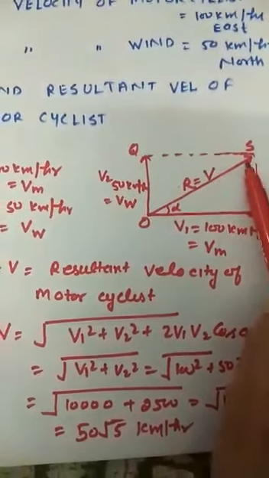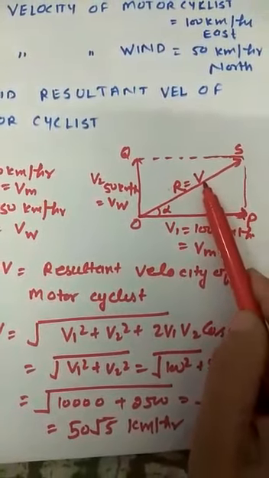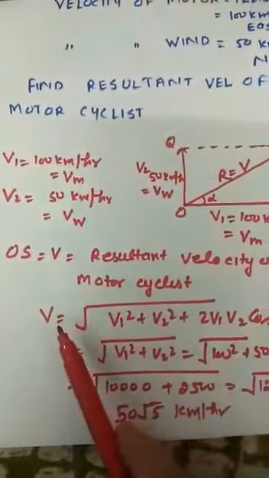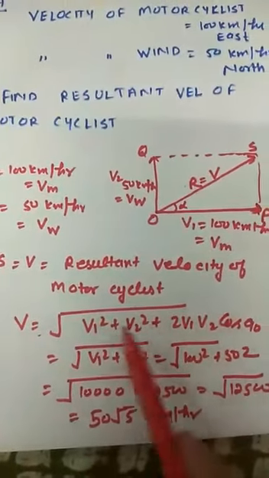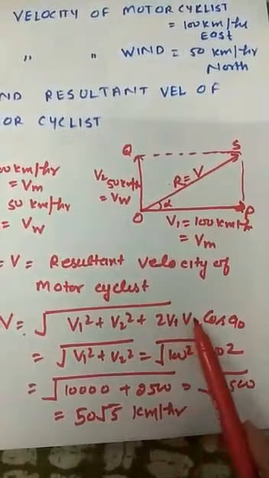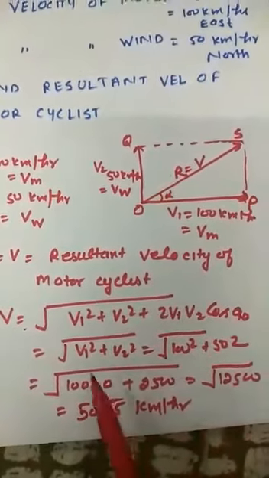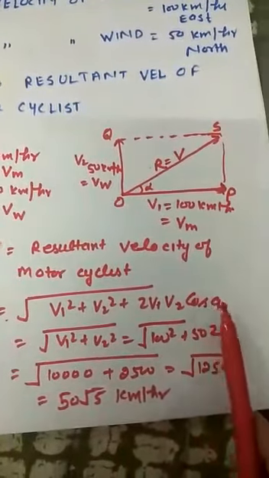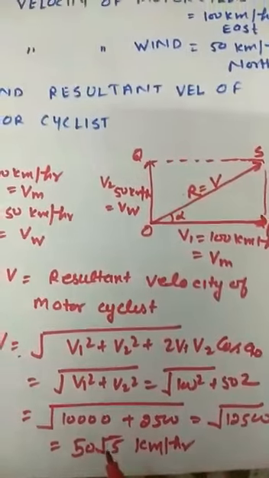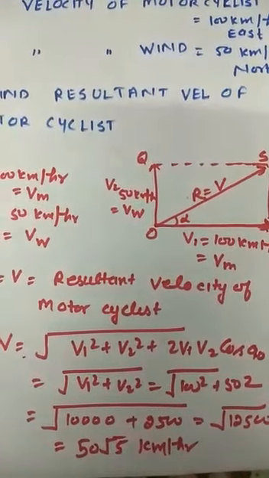We find v equal to the square root of v1 squared plus v2 squared plus 2 v1 v2 cos 90. Cos 90 is 0, so the value comes out to be 50 root 5 km per hour.